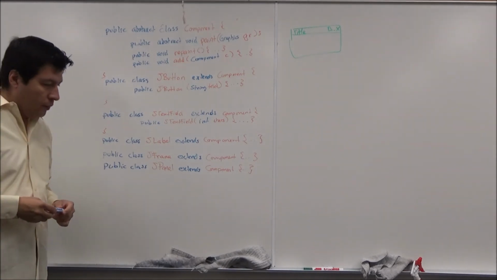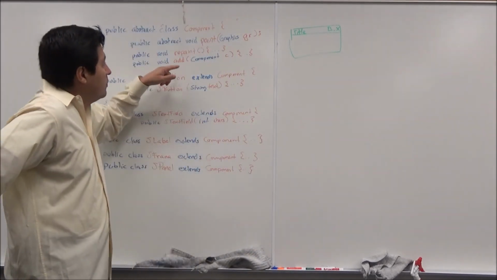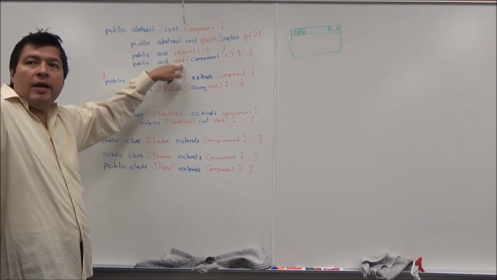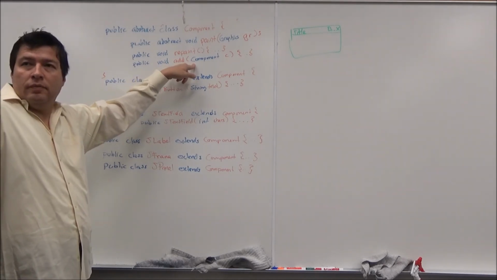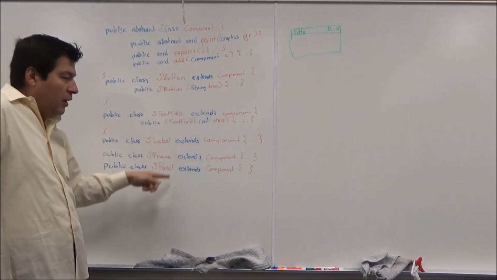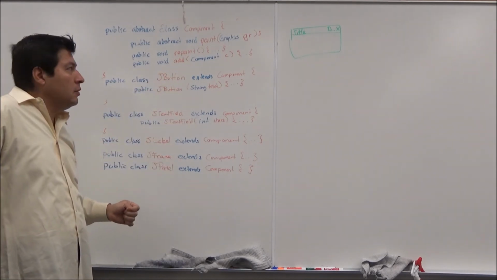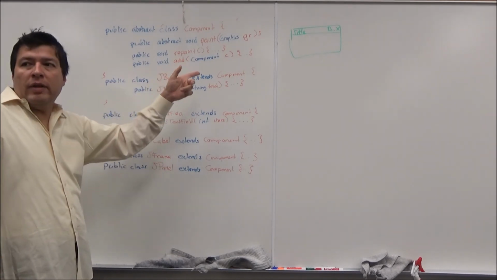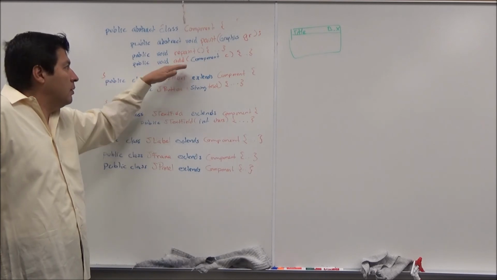So this polymorphism business, here I have a method called add that takes a component. The component could be either of these children classes. This method add, I could add an image, I could add a button, I could add a panel, whatever.